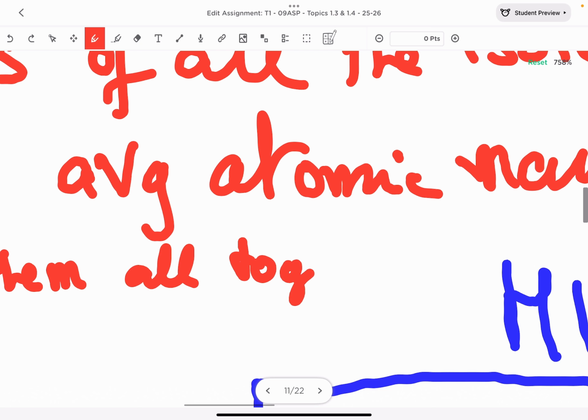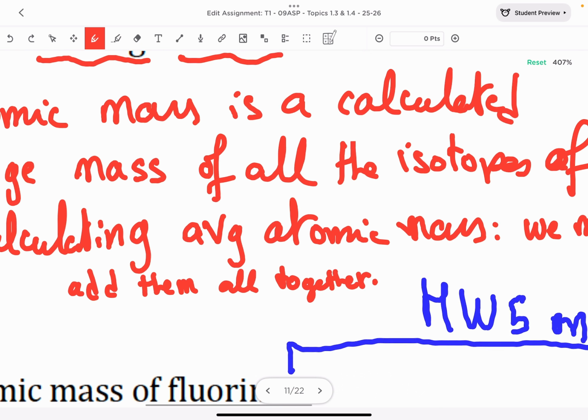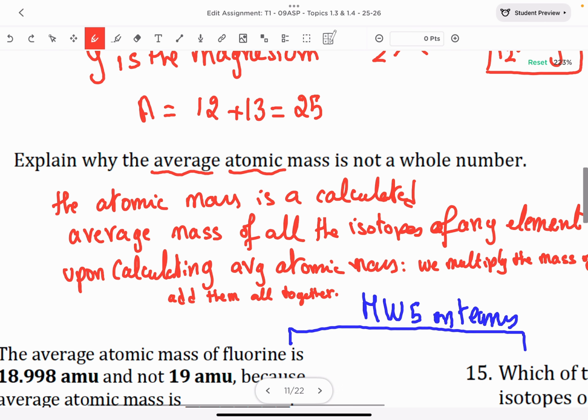Therefore, that's why we don't get a whole number, we get a number with decimal places.